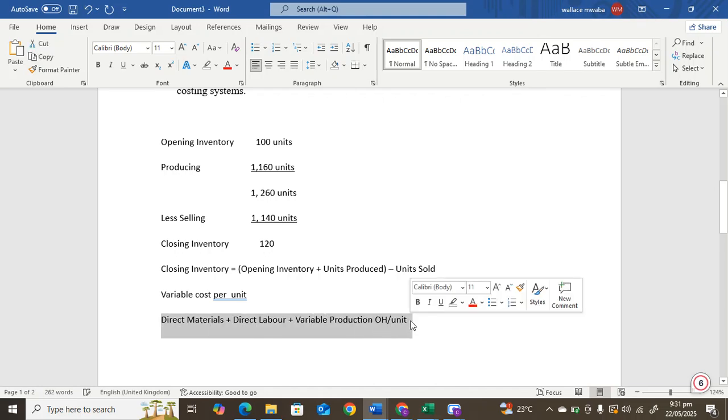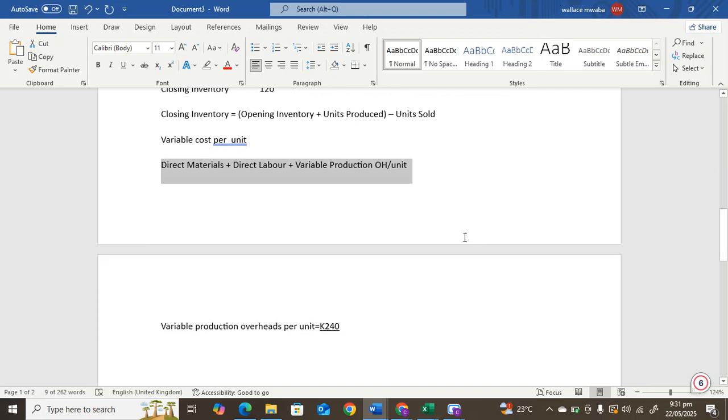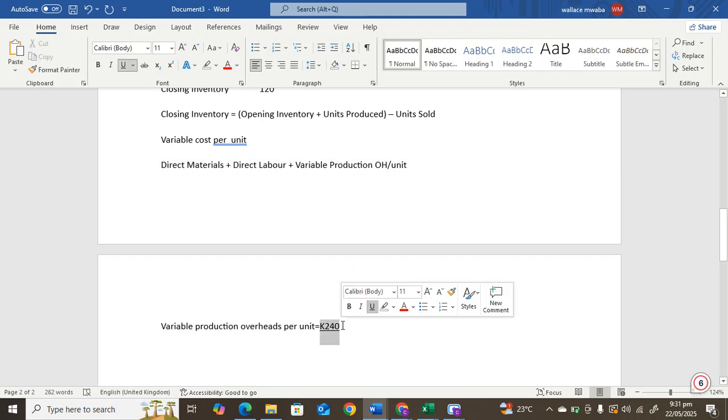In this case they've only given us the variable production overhead per unit. So for marginal costing, that's the total cost to produce one unit. In this question we didn't have direct materials and direct labor. So this 240 is what we're going to use to value our opening inventory, closing inventory, also the units that we produce. Any questions?